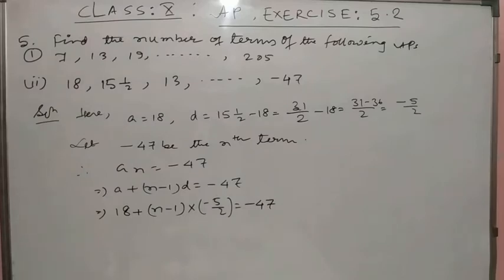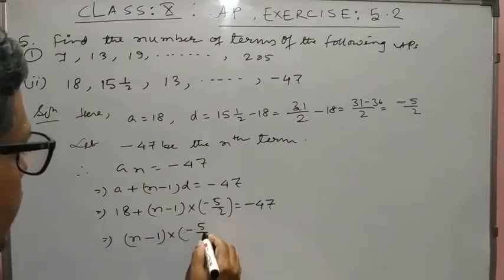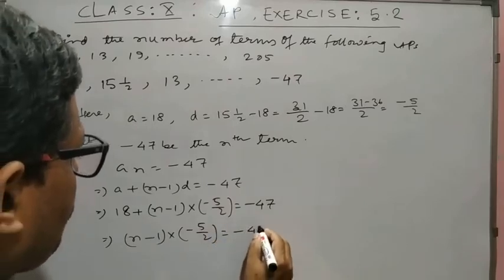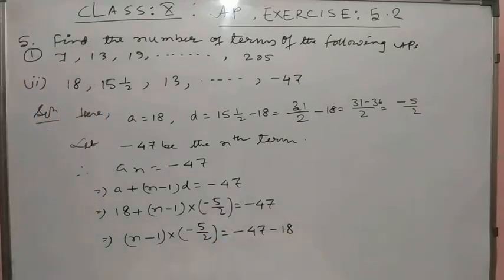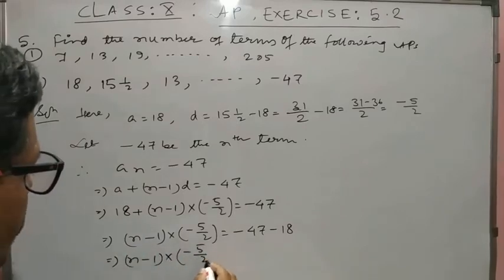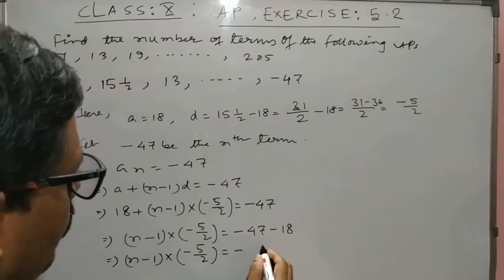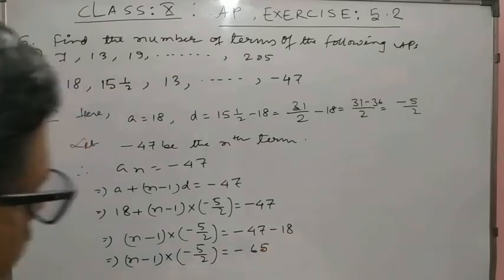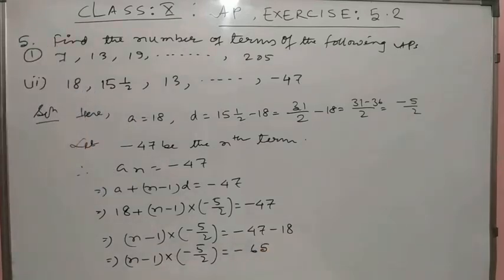Now transfer this 18 that side. It will be (n minus 1) into minus 5 by 2 equal to minus 47 minus 18, so it will be (n minus 1) into minus 5 by 2 equal to minus 65.